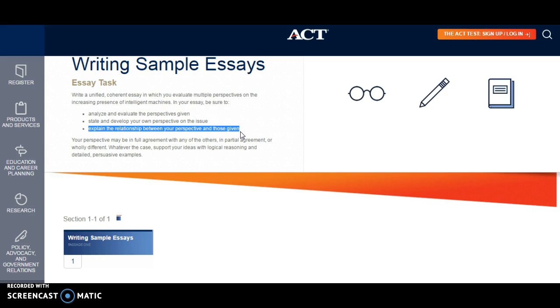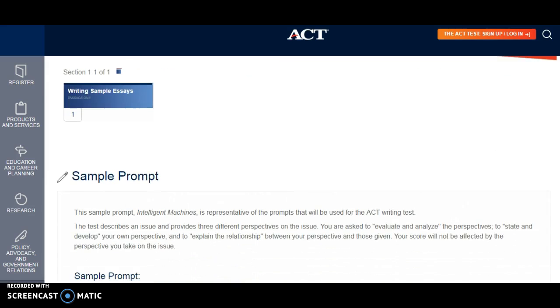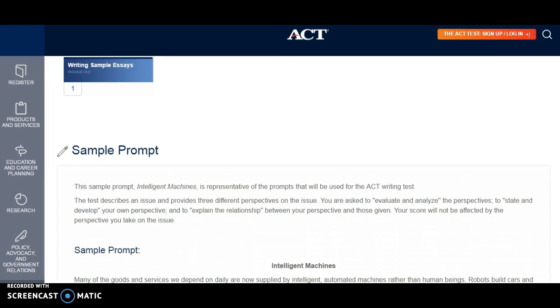So you may disagree with one point, you may agree with the other 2 and use those other 2 as supporting evidence, or you may do something in between. But they want to see all 3 of these elements in your essay.